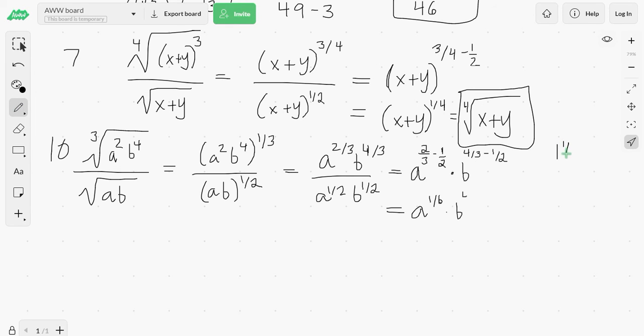We've got 4/3 minus 1/2, which is the same thing as 8/6 minus 3/6, which is just 5/6. So we've got this to the 5/6 power, and now we can just write this back in radical form. So this is like the sixth root of a b to the 5th.